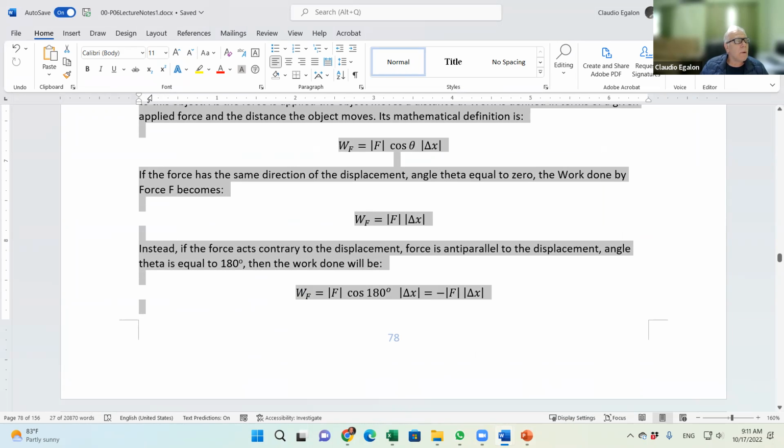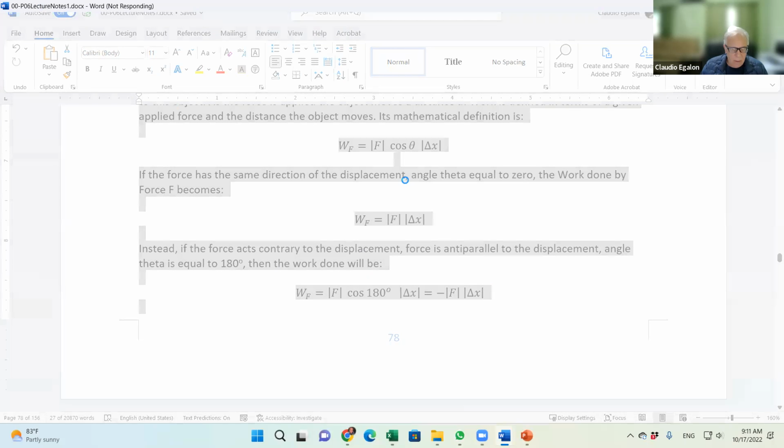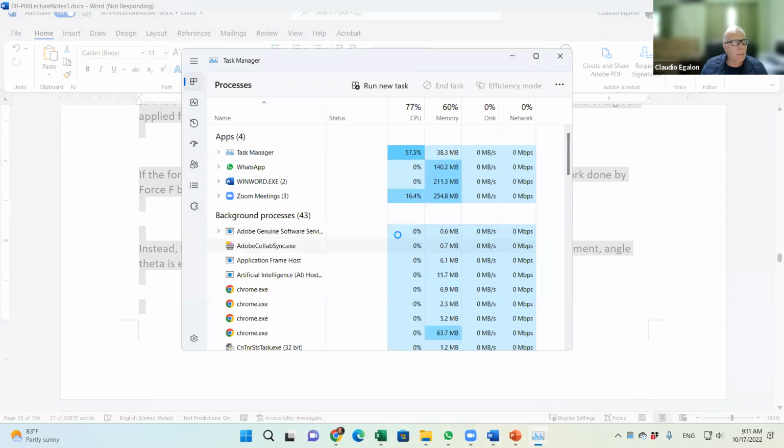What's going on here? My computer is misbehaving. Let's see here. It's just saving it, not responding. My computer is not supposed to behave like that. What's going on here? Bear with me, please. Task manager. Can you still see my screen, by the way?